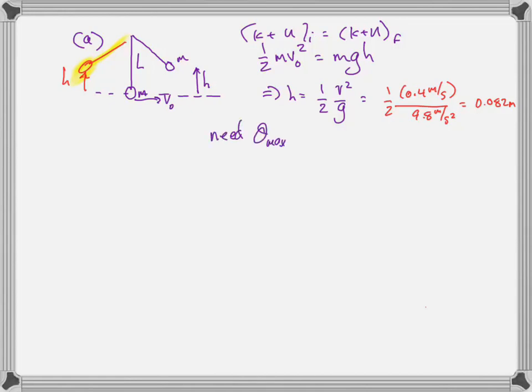So we want theta max, and now it's pretty straightforward. It's just given by the geometry of this problem, right? For theta max, we can go ahead and draw a horizontal line here, and we've got a triangle, where the angle theta max is there, the hypotenuse is L, and the side adjacent to the angle is L minus h.